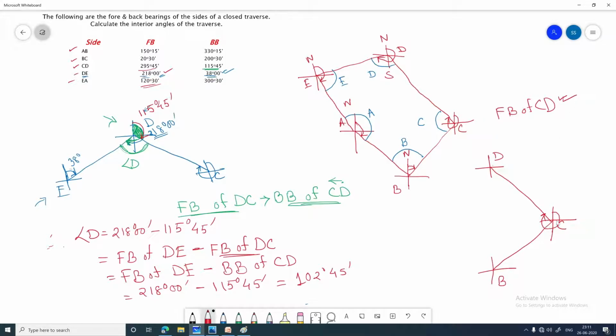Now from the forward bearing of CD, that means this total angle, if we deduct this particular portion, definitely we can get this angle, right?